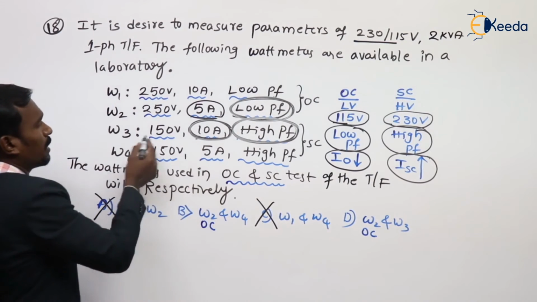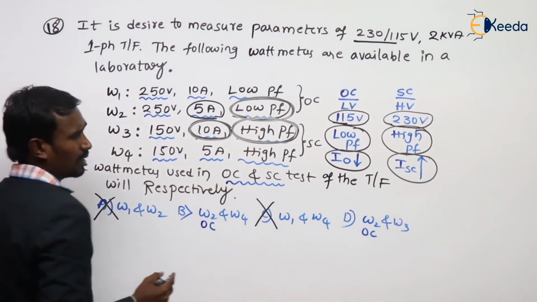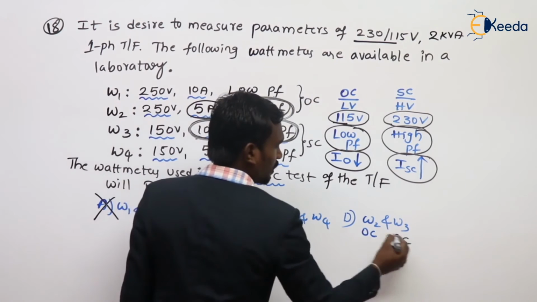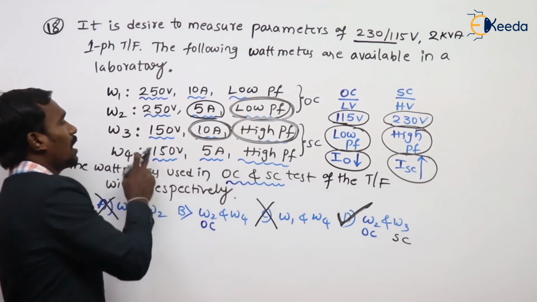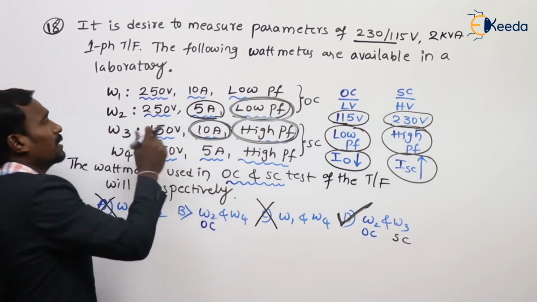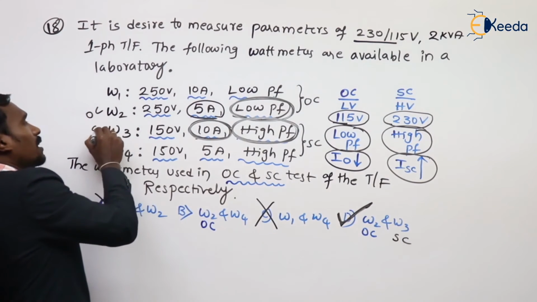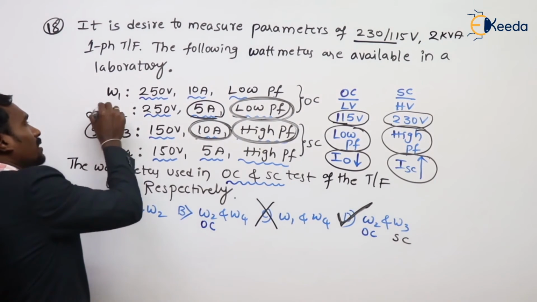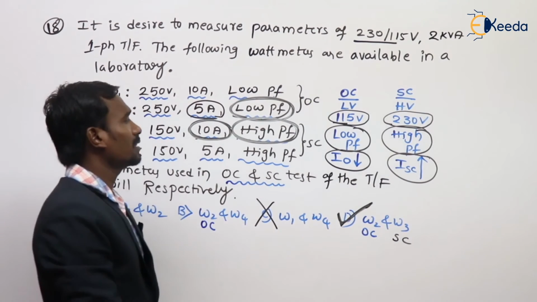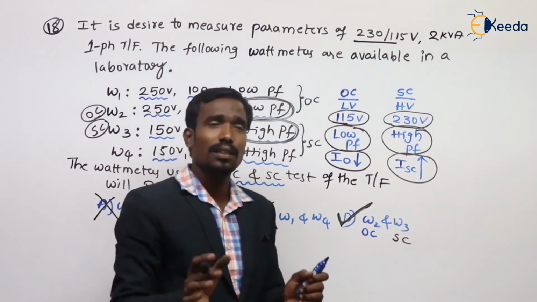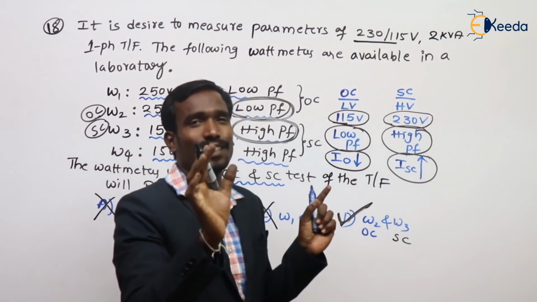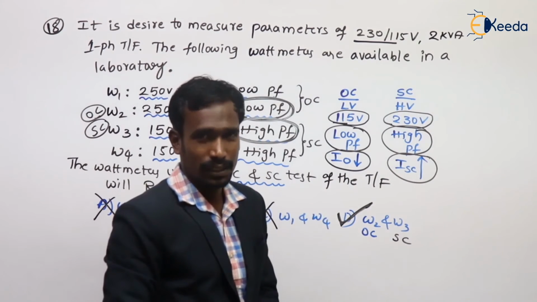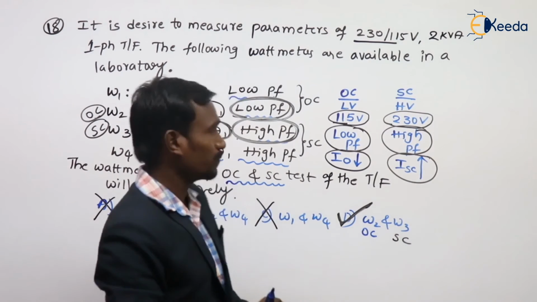So this W3 is for the SC test. So the 100% preferable answer is option D. Nothing but this is for the OC test and this is for the SC test. This is the question on testing. Very, very important. Thank you.